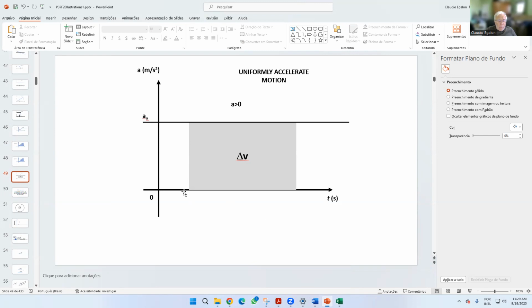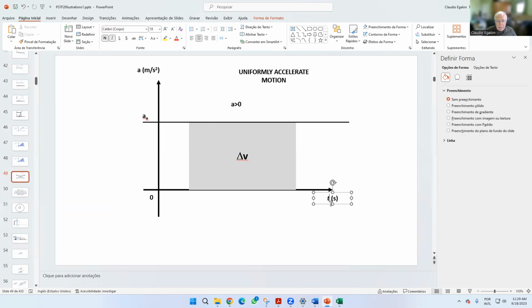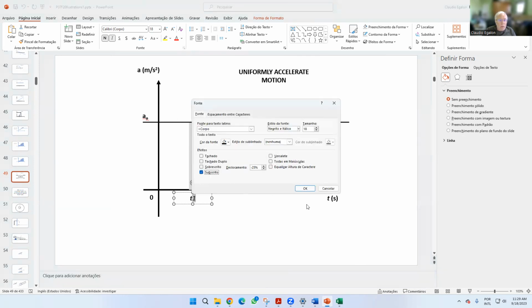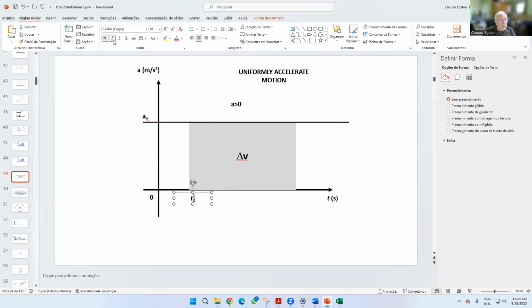Okay, so the area below this line between this instant of time and this other instant of time, for some reason I wanted a better filling in there. Let's say between T1 and T2 represents delta v.